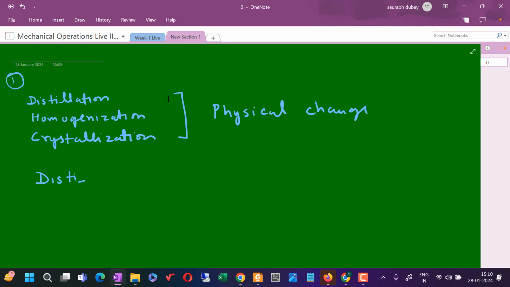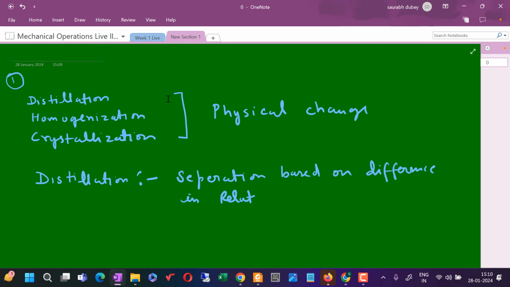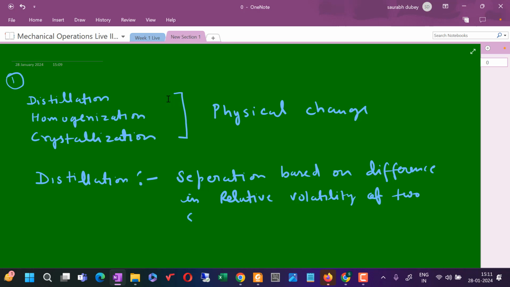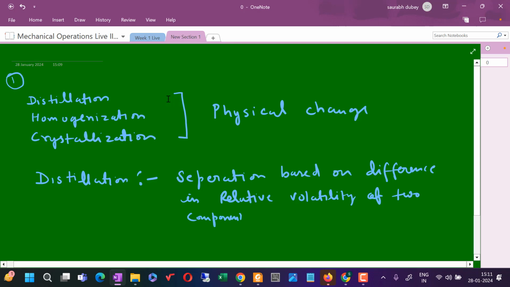Distillation is separation based on difference in relative volatility of two components or array of components.